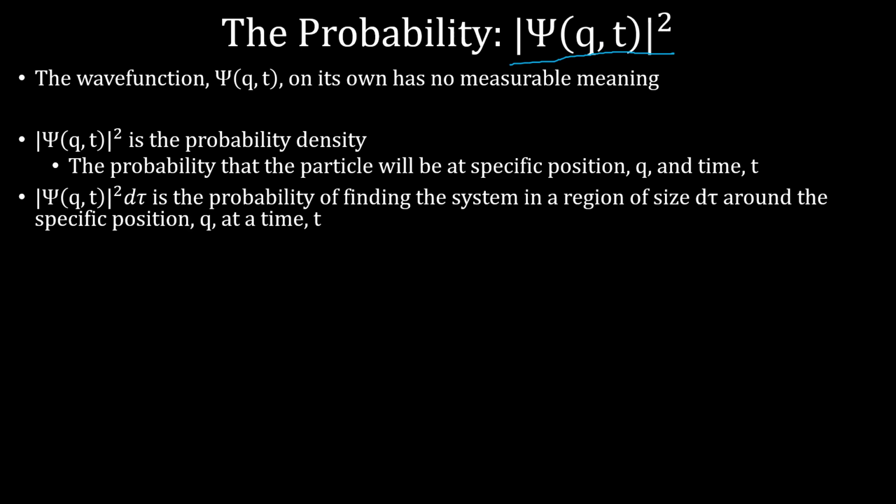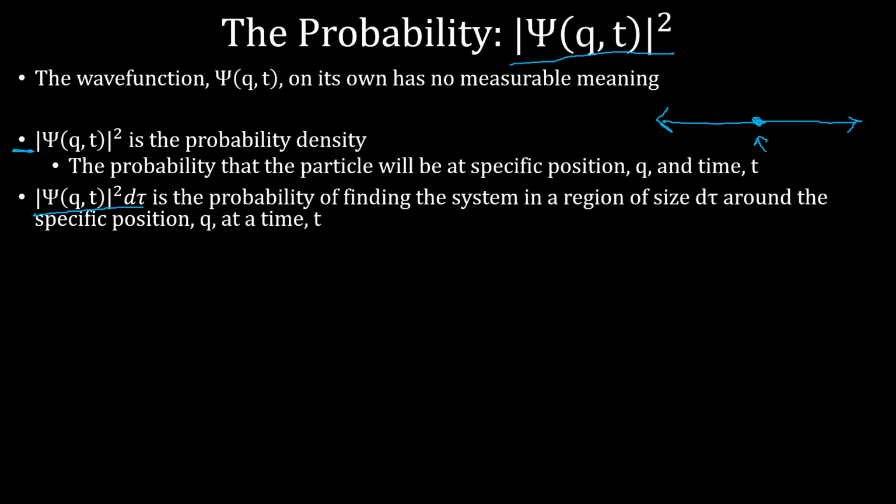Meanwhile, we also have, and probably more importantly, the psi squared d tau. And this is the probability of finding the system in a region of size d tau around the specific position q at a time t. So just to draw out what I mean by that, if we have a particle moving on a line, the probability of it being exactly here is given by this bullet point here.